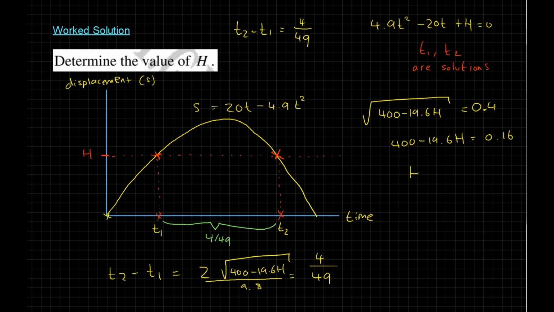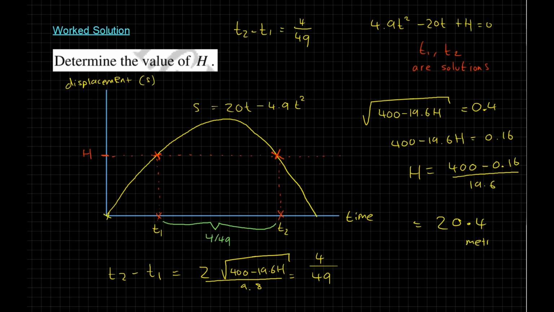Therefore, h will be equal to 400 minus 0.16 divided by 19.6. And I type that into my calculator and I get 20.4 meters.